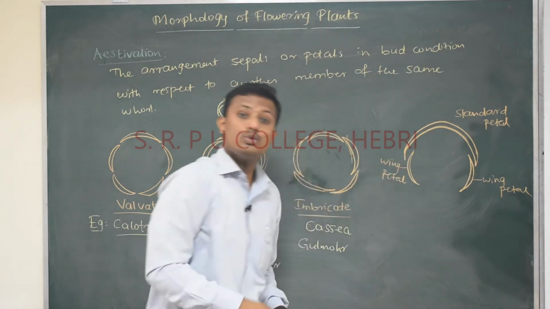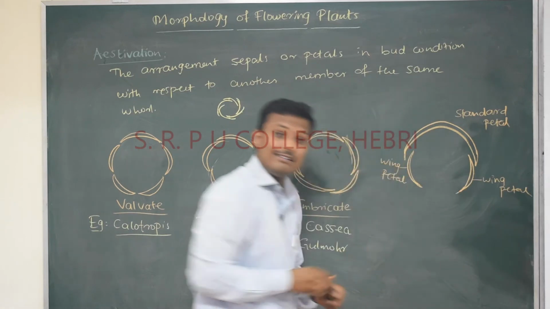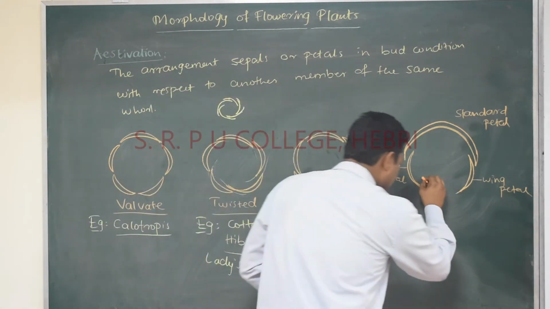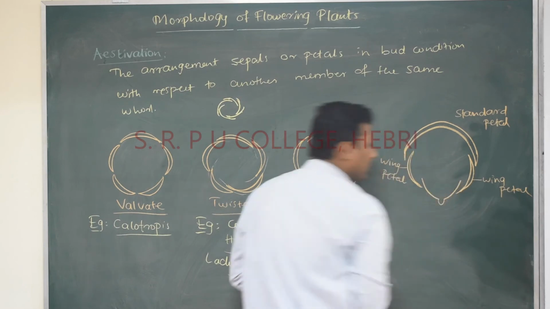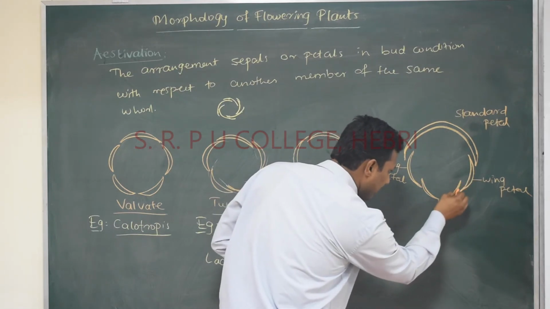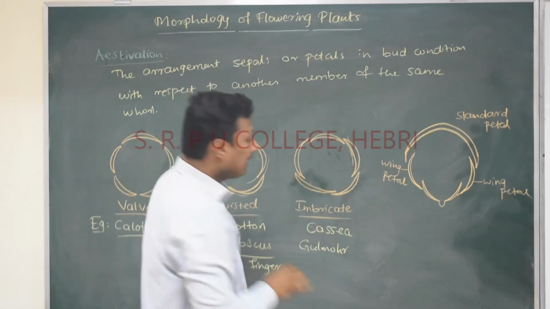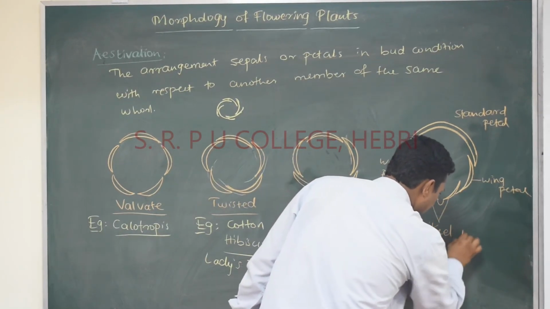And these two wing petals, they again enclose a pair of petals which are joined at the end. See, here there is another pair of petals, and these two are joined at the base, and these two petals which are covered by the wing petals, they are called as keel petals. This one and this one, they are called as keel petals.